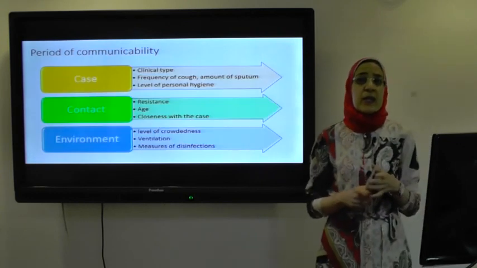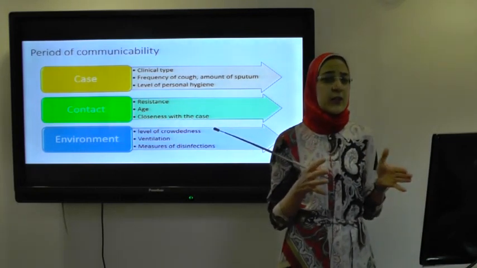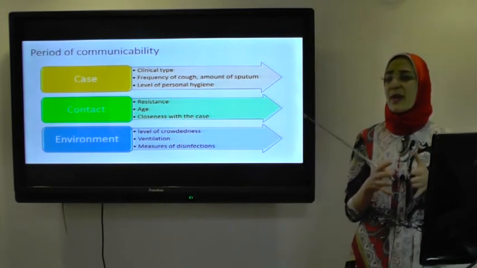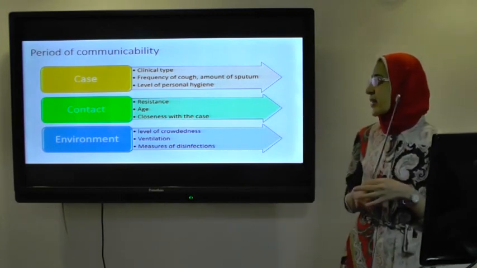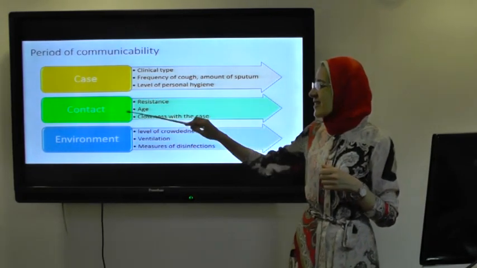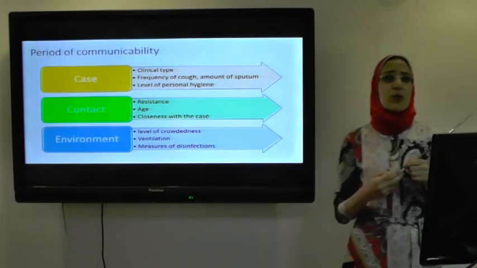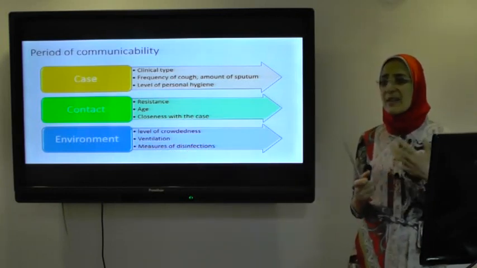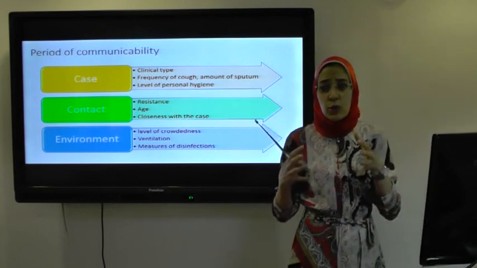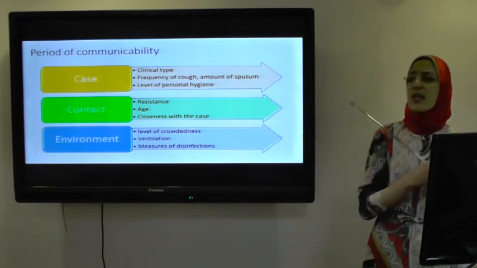Now, period of communicability varies from one person to another, because it depends on several factors. It depends on characteristics related to the case, characteristics related to the contact, and characteristics related to the environment, which might lead to the disease being more communicable in certain circumstances and less communicable in other circumstances.